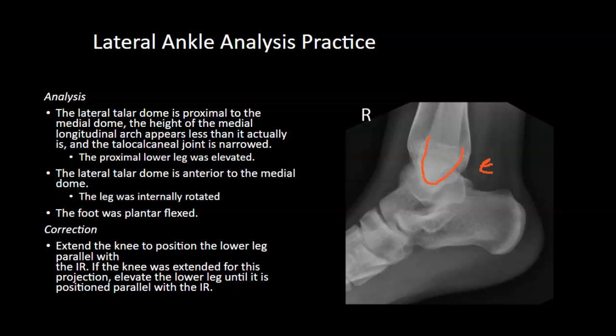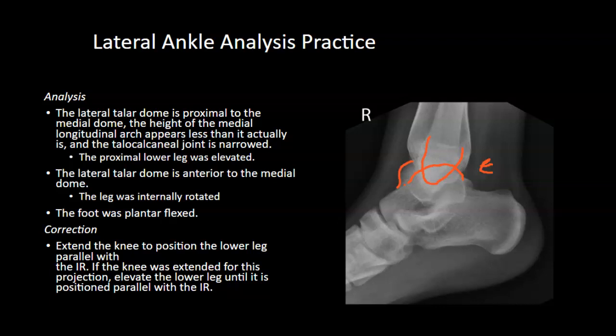Also, the lateral talar dome here is being projected anterior. Again, there's a lot of distortion here, so I can't really point out the medial as much. For some reason I feel like it's here somewhere. And that means that the heel was down, okay? So we need to get that lateral surface of that foot parallel with the IR.